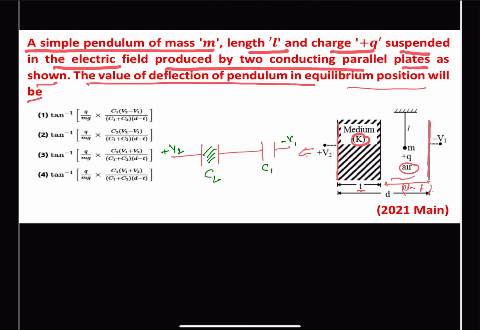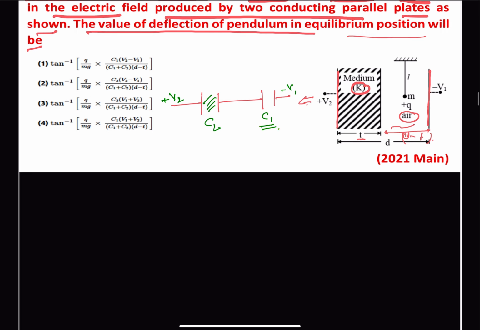And there is a pendulum, and this pendulum is with respect to C1. So let us draw it with respect to C1. If this is the mean position, then the pendulum will be pulled in this direction, and its force will be plus QE. In the downward direction we have mg, and there will be a tension T here.